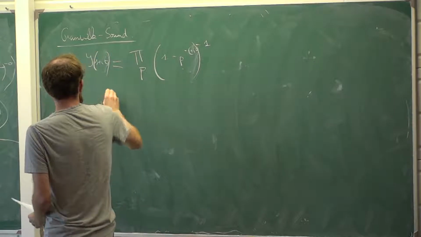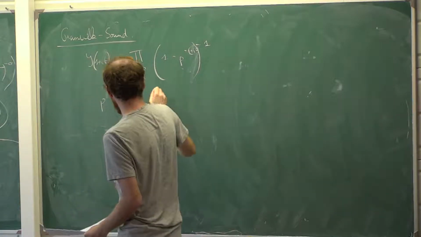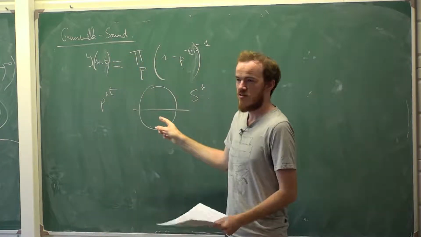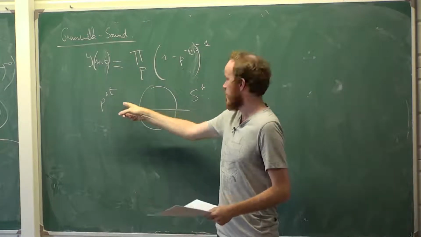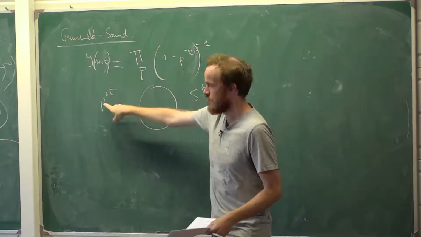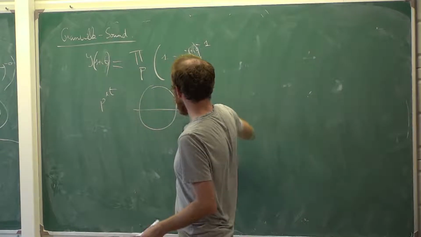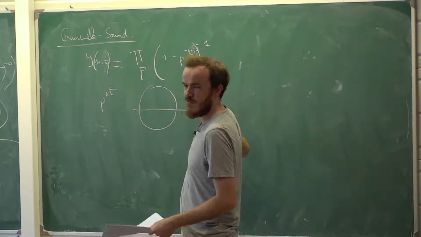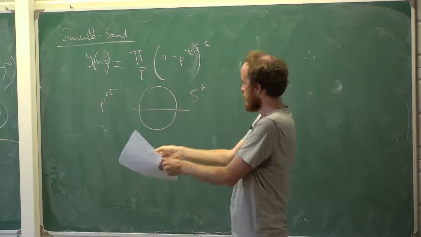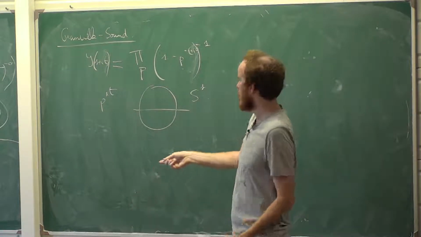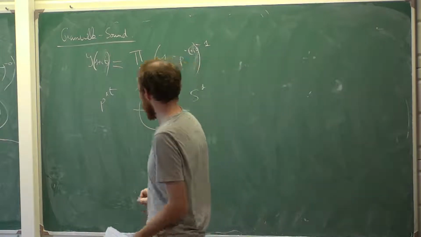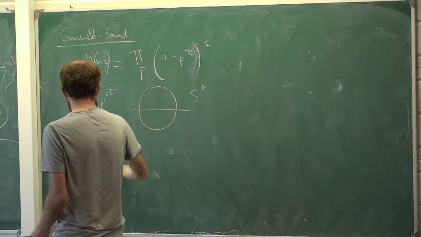So here p to the it is something which goes on the unit circle, and for different primes you can expect that this actually behaves randomly. For every prime p and t, p to the it maps to the unit circle, and you can model this by taking a product over primes that should be independent. So I will try to get insight on this object by replacing p to the it by some random object. That's what they do.